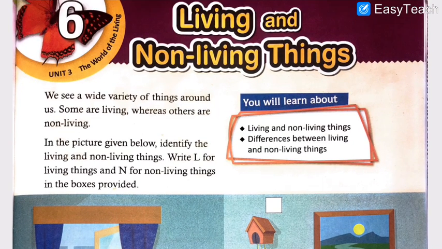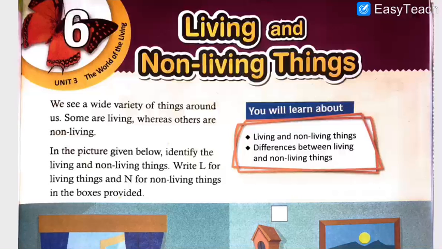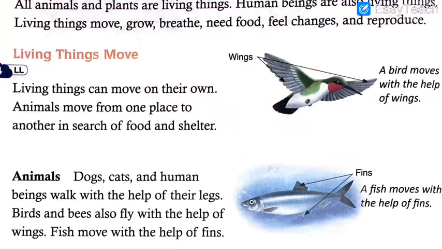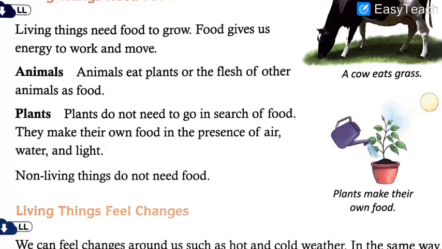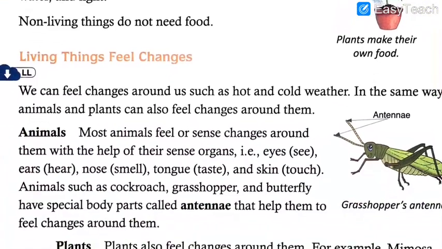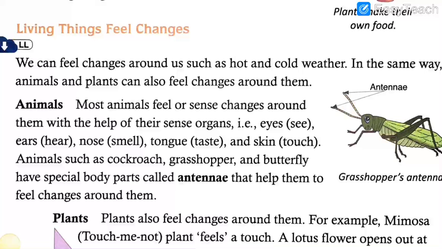So we have come to chapter number 6, page 4. Last time we saw how living things feel changes around them. So I would like to explain this paragraph again so that we can continue with the next, which is the last page of this chapter. I hope you all are sitting with your textbooks, rough books and pencil in your hand.